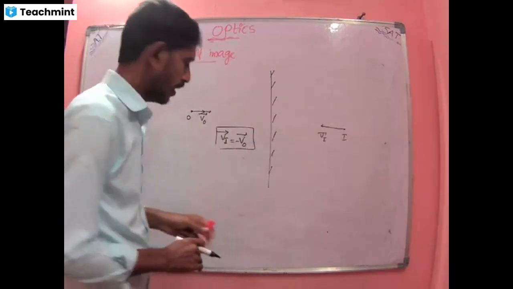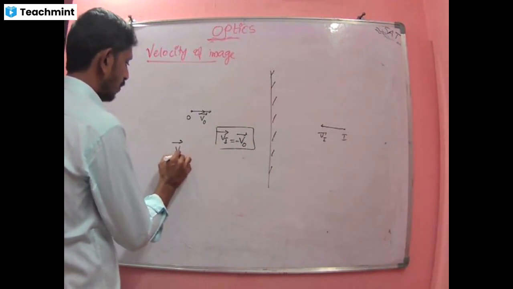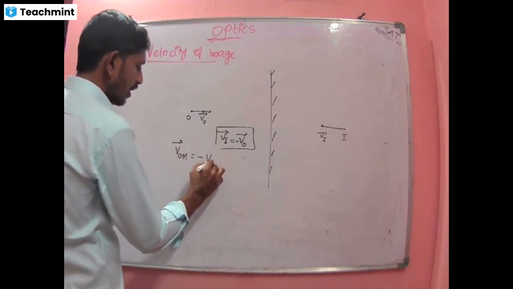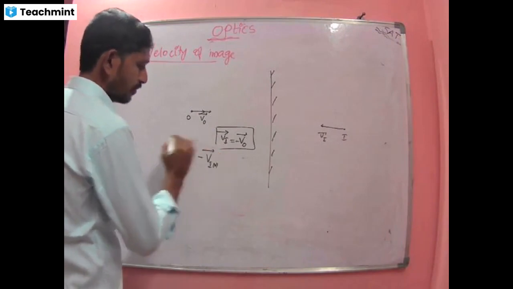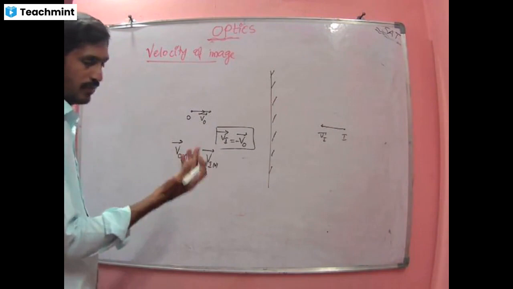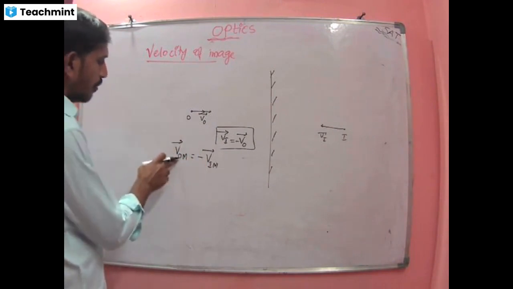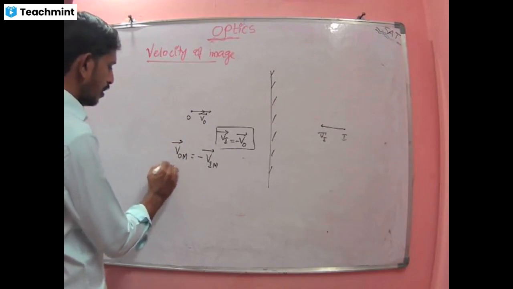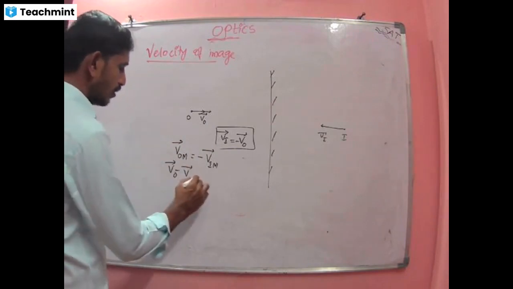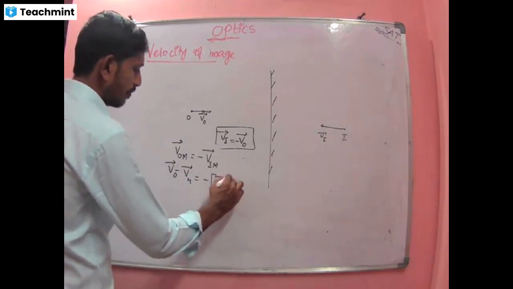The relative velocity of the object with respect to the mirror should be equal to minus the relative velocity of the image with respect to the mirror. You already know this velocity formula from kinematics. So VO minus VM, velocity of object minus velocity of mirror, is equal to minus of velocity of image minus velocity of mirror.